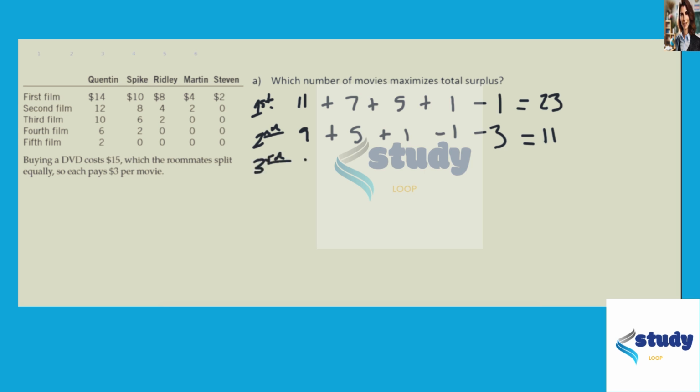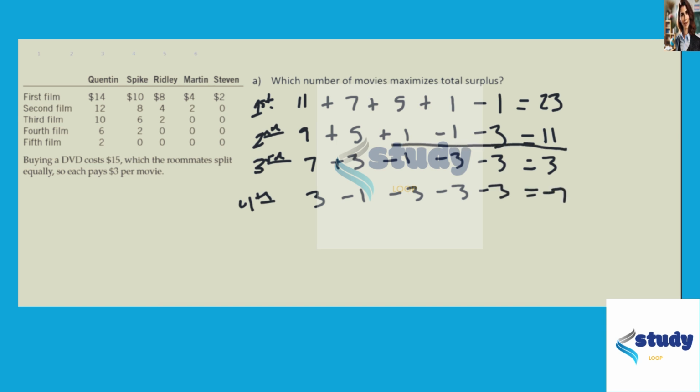The third is 7 plus 3 -1 -3 -3, which still results in a surplus of 3. And then for the fourth, we have 3 -1 -3 -3 -3, which we now see is -7, which is negative. And so surplus is going to be maximized at the third movie, which means that is the efficient number of movies to watch.